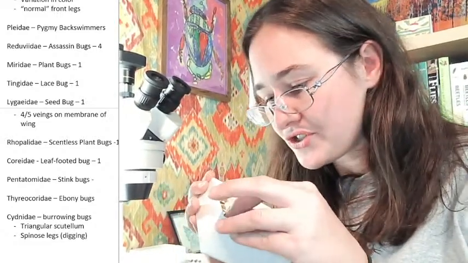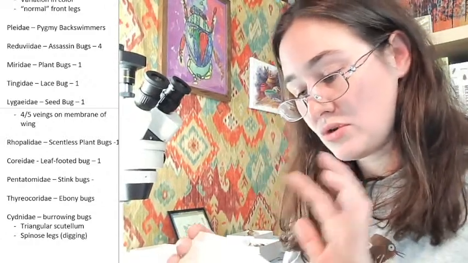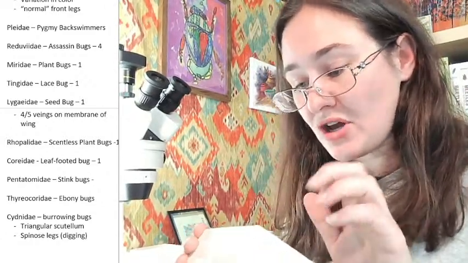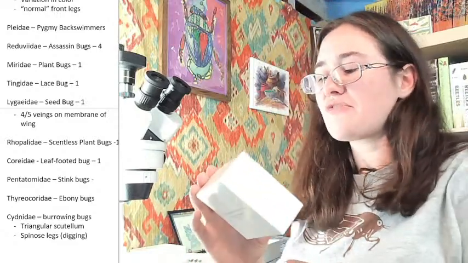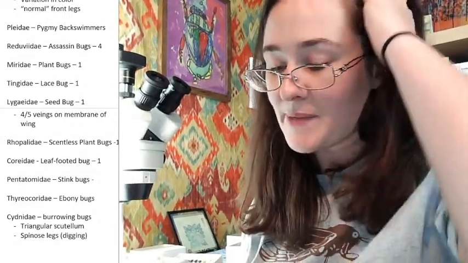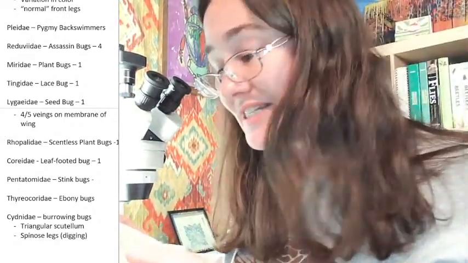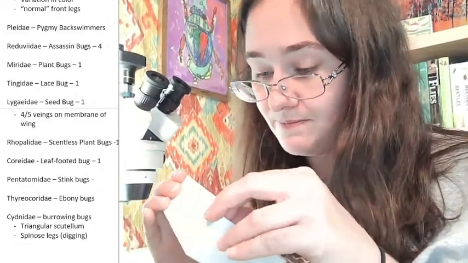Alright, so that you guys know, we have 6 more families, but they're pretty much going to be broken down into 4 families. I'm not going to worry about separating the fulguroids out from each other, because there's lots of families of them.